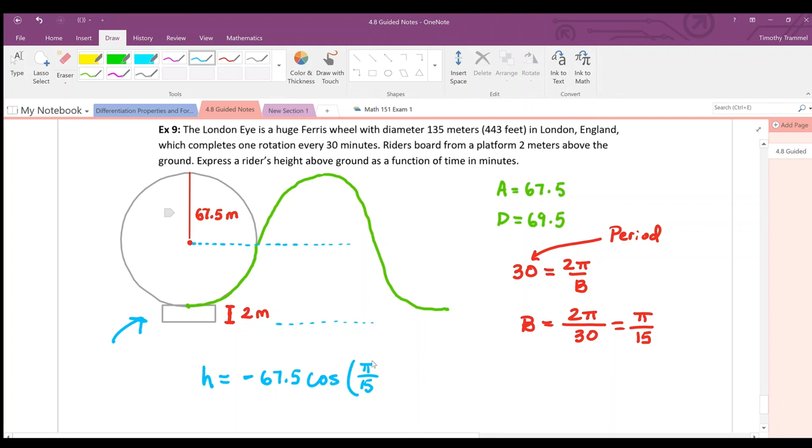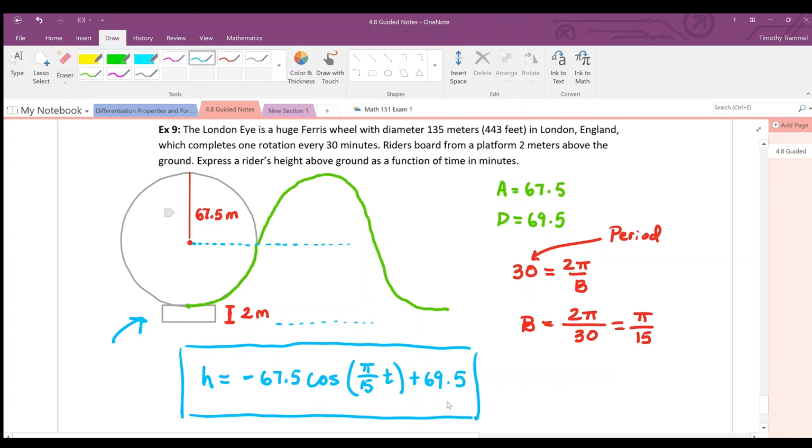And we haven't chosen what we were going to use for our variable here, but why don't we just stick with t for time? There is no phase shift. And then we found d was 69.5. All right, and that's it for that one.